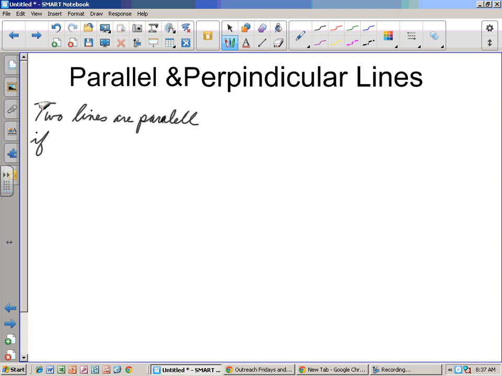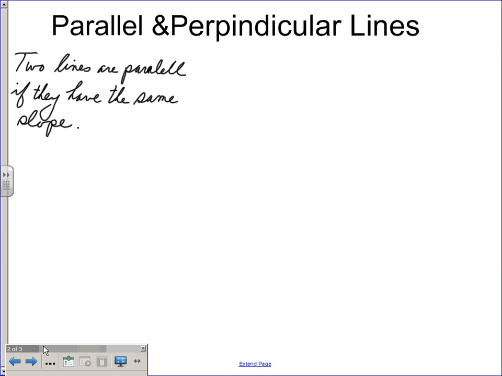The equations of two lines are parallel if they have the same slope. And of course they're going to have different y-intercepts. If they had the same y-intercept, they'd be the same line. Okay, two lines are parallel if they have the same slope.